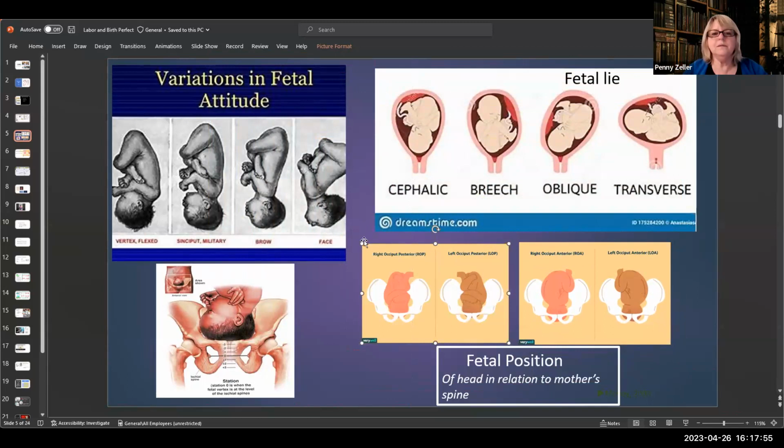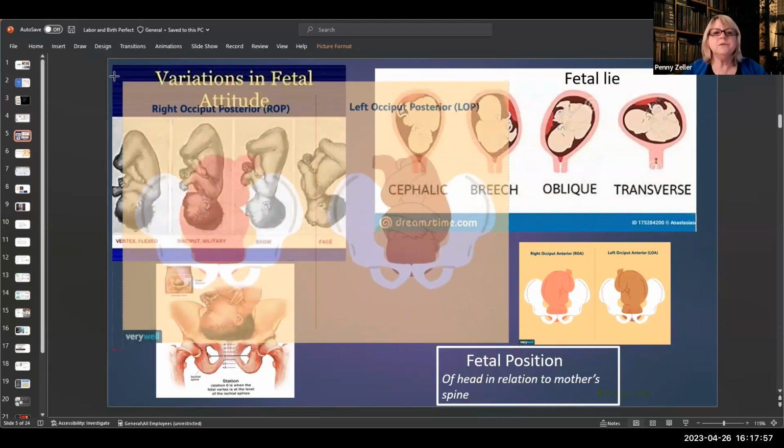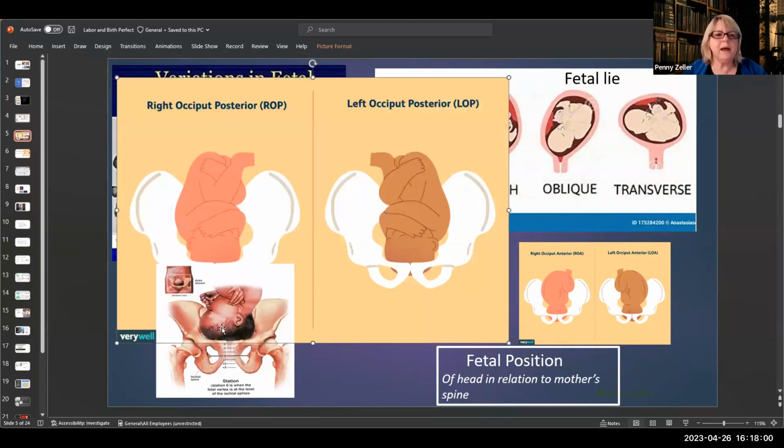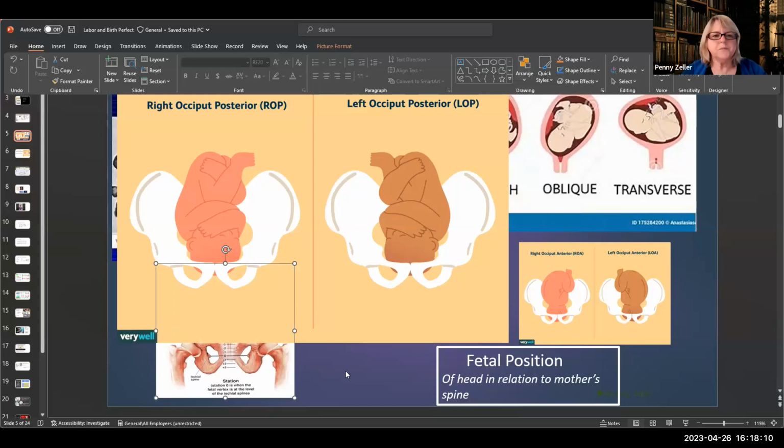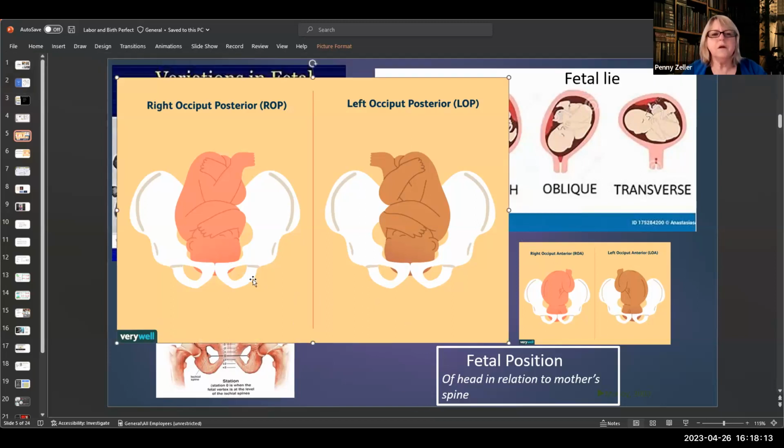And then the other one, this is labor pain being in the back. This is the occiput being against the mother's spine, the sacrum. It's kind of painful because that head is hard.